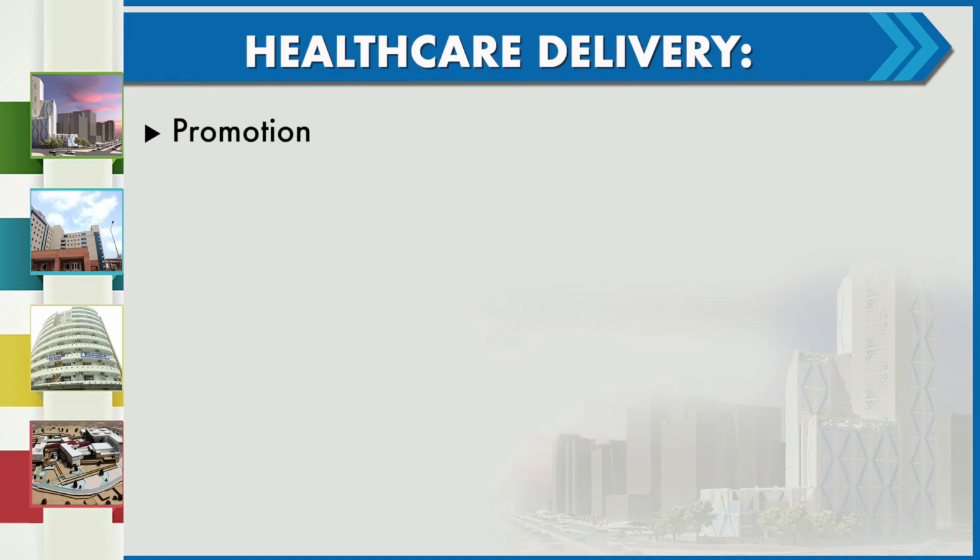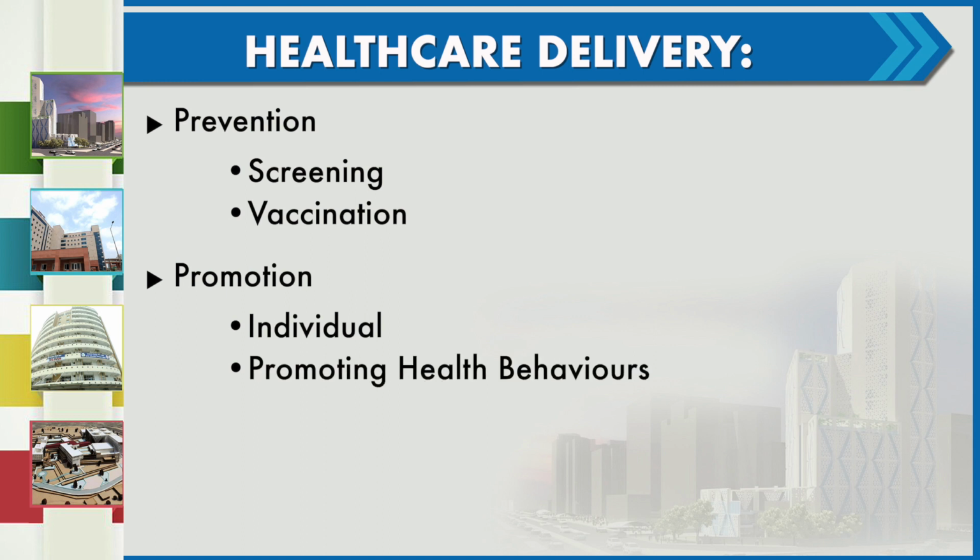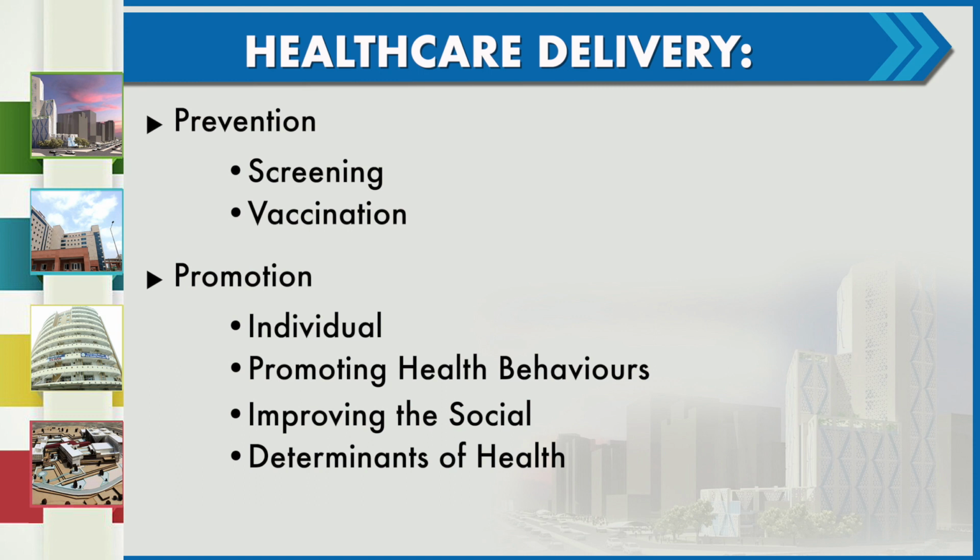So what we are going to do is, we are going to talk about promotive, preventive and protection of the people. So in prevention we are talking about screening for health and vaccination. In promotion we are going to talk about the individuals promoting health behaviors, improving their social and other determinants of health.